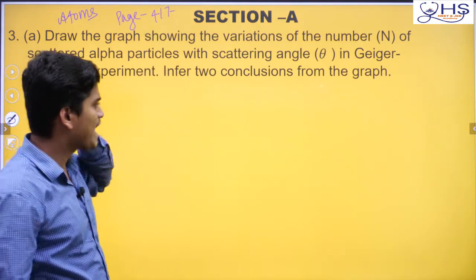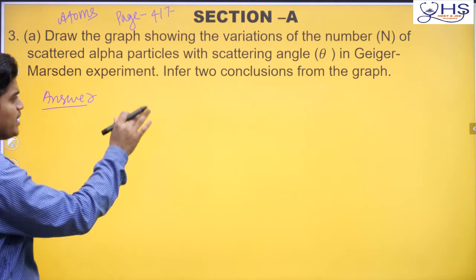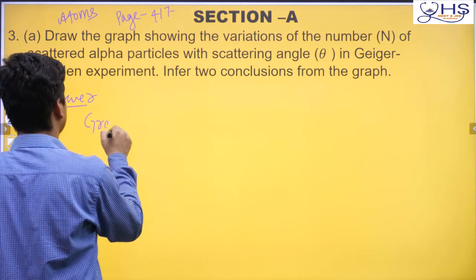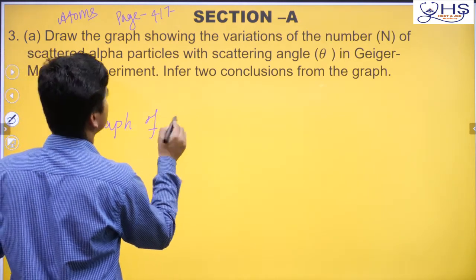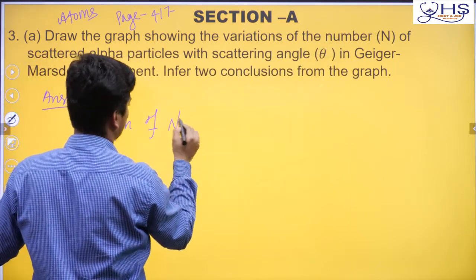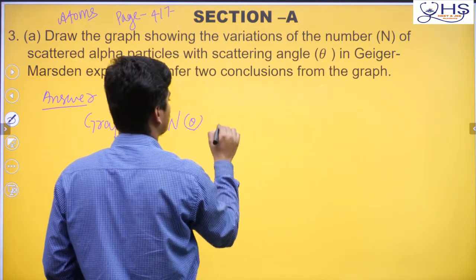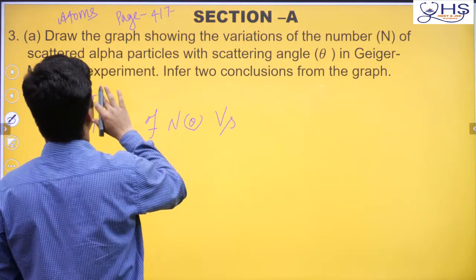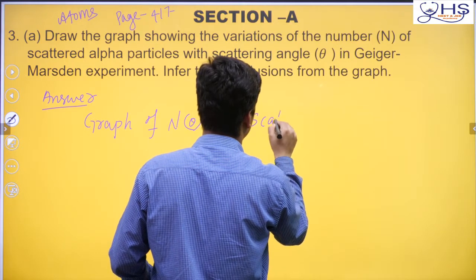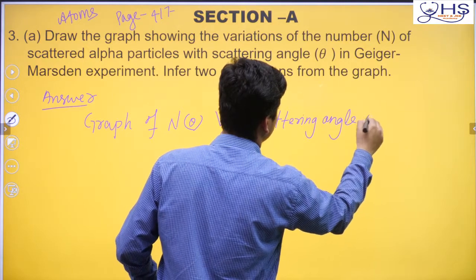One graph will be there. First write the answer here. Before drawing the graph, give a heading: graph of the number of scattered alpha particles, N theta, versus scattering angle. The scattering angle is theta. So you are drawing an N theta versus theta graph.